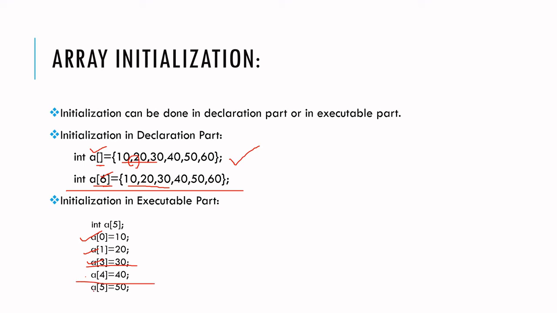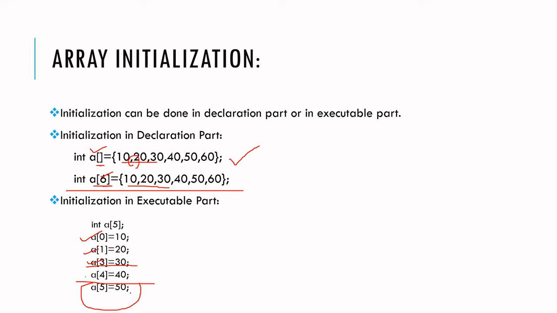But if I am giving a of 5 is equal to 50, the problem will arise, because here you have declared only 5 cells. 5 cells means the indices range from 0 to 4 only. But you are trying to store the 6th element, 50.